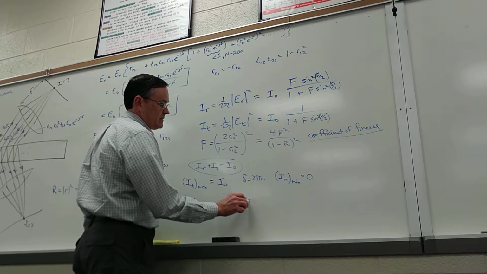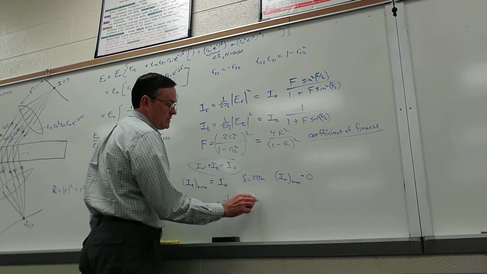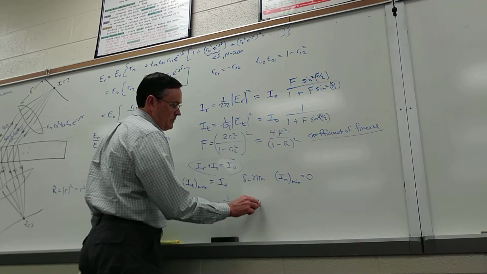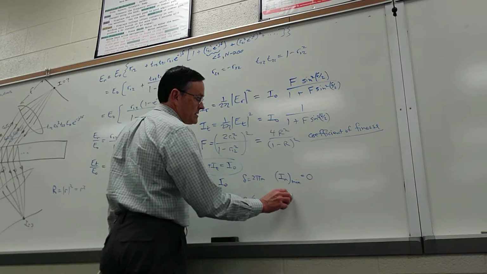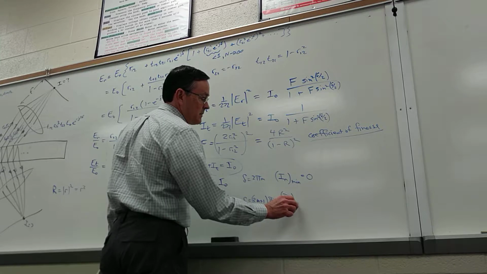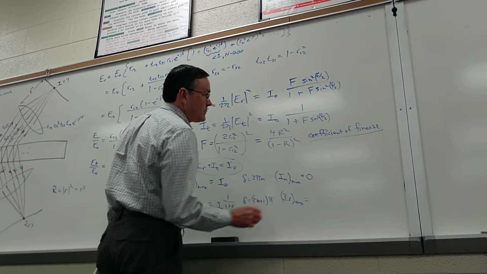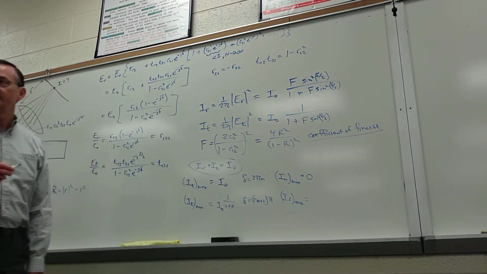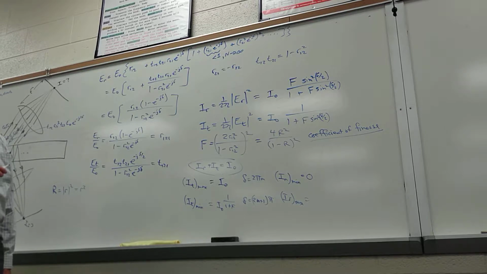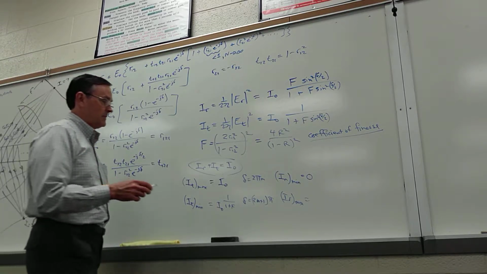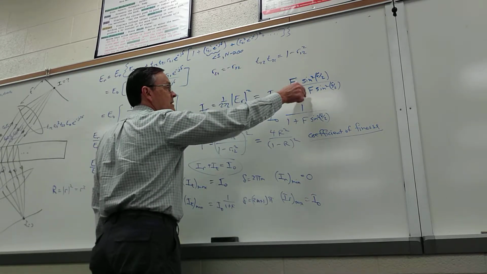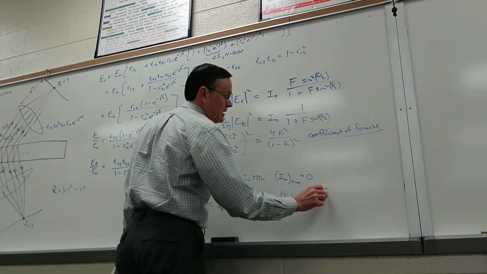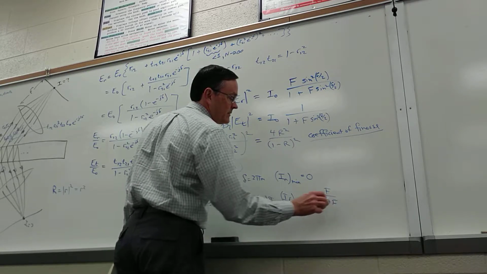And that's when delta is equal to 2m plus 1 times pi. And in that case, the reflected light is a maximum. And what's it equal to? The sine squared is 1, so it's I naught f over 1 plus f.